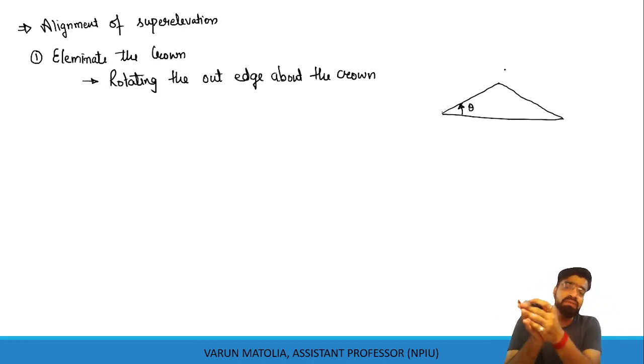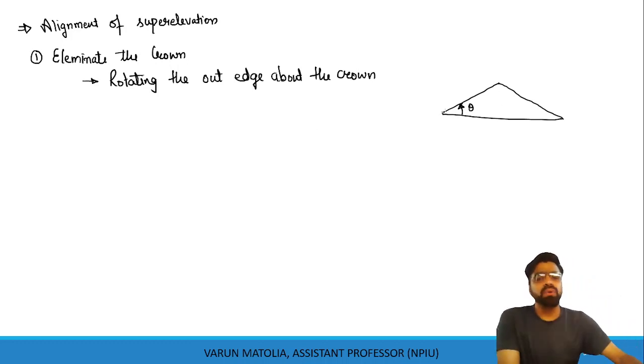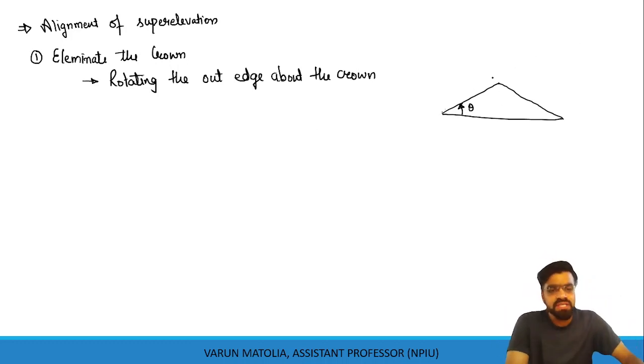But for highways, CC roads or bituminous roads, these camber values are pretty low compared to the super elevation. So if we are providing super elevation, this ought to be the higher slope provided on the pavement. First, we should eliminate this camber.